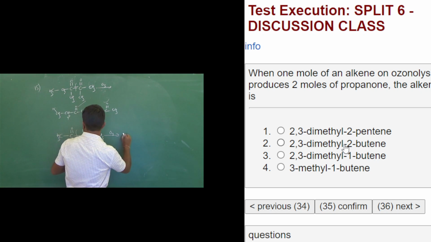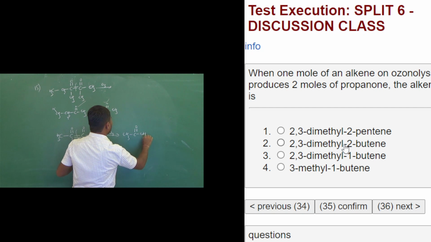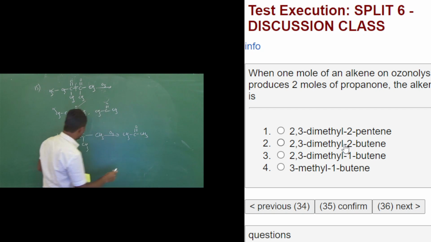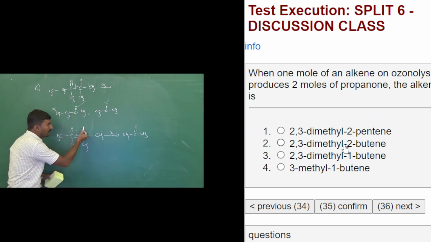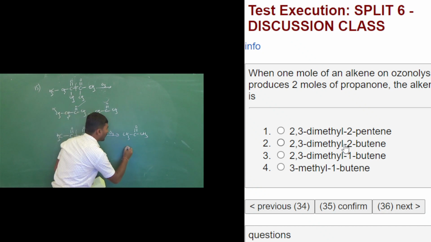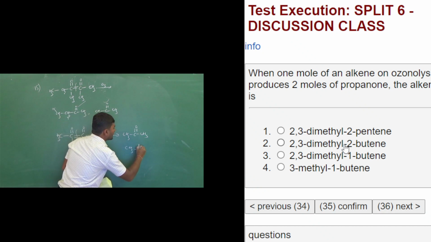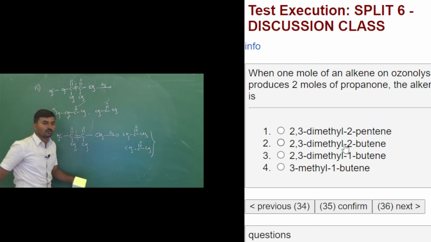That is why this becomes CH3, C double bond O, CH3 as one product, followed by CH3, C double bond O, CH3 as another product, and both are propanone molecules.